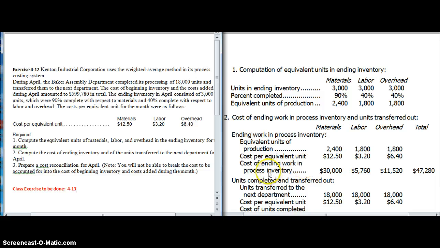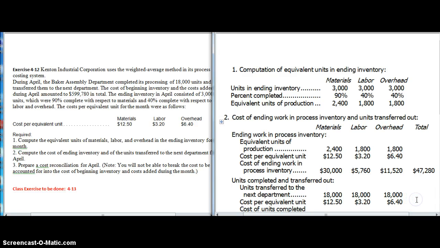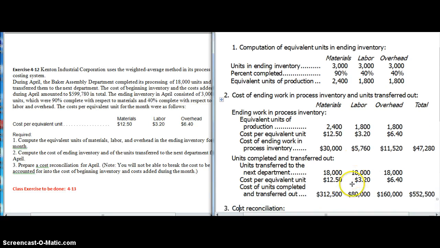Next, you will have to calculate the cost of the units completed and transferred out. Just as you followed in the previous step for ending work in process inventory, you will follow the same for calculating the cost of completed units.